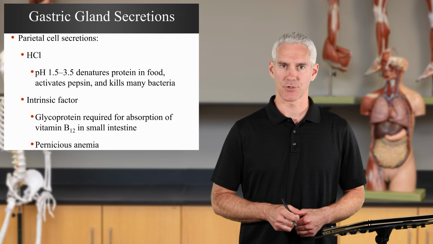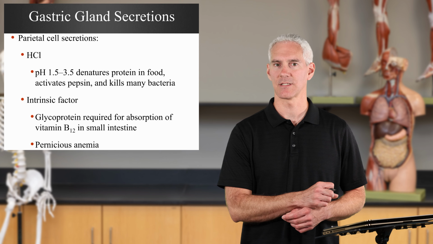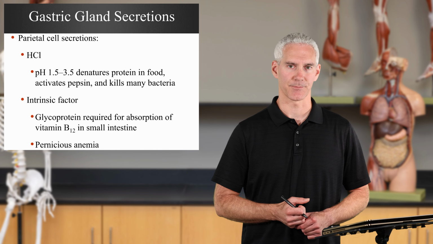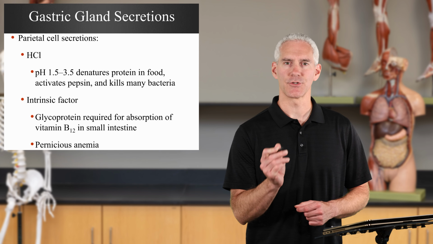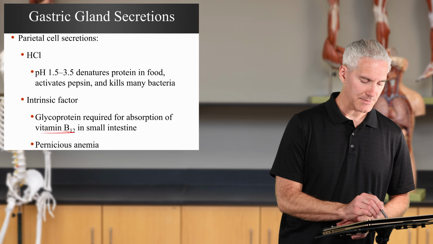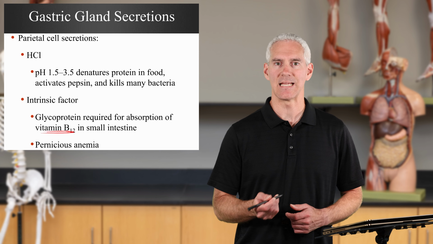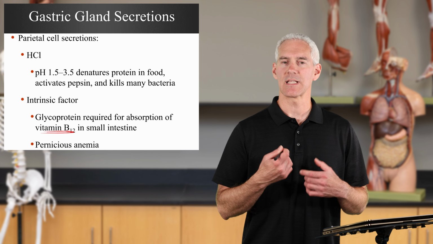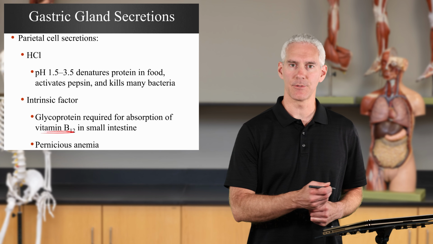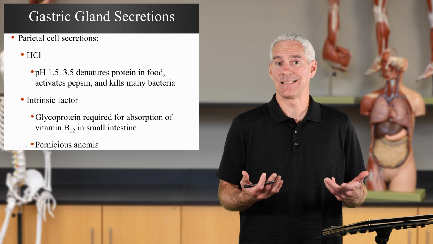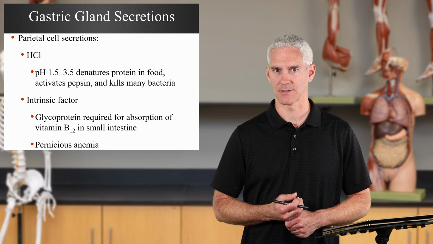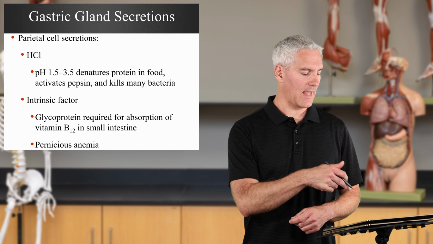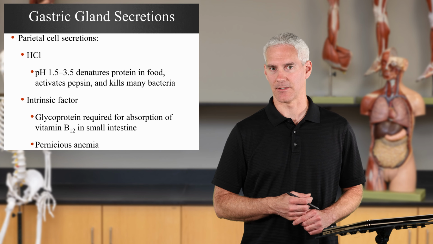The second secretion coming out of these parietal cells is your intrinsic factor. Now, the intrinsic factor is important because it helps with the absorption of vitamin B12. So it's helping you absorb vitamin B12 into your body, and this vitamin is necessary for normal functionality of your cells. But the last thing down there is saying pernicious anemia.